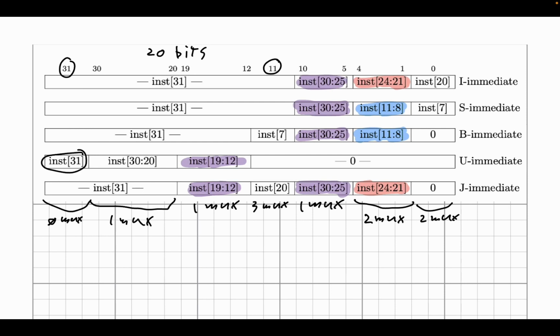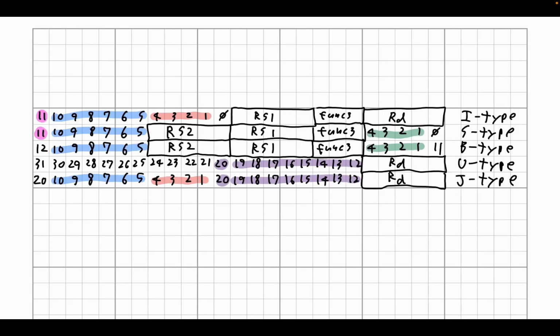Because if we look at all of these sign extensions that we have going on here, the bit that's getting sign extended is always bit 31. And if we look down here at this other format for these instructions and we look at this column, you notice that this is always the most significant bit of the entire immediate, right? So for this top one, for the I type, the most significant bit of this whole number is 11.